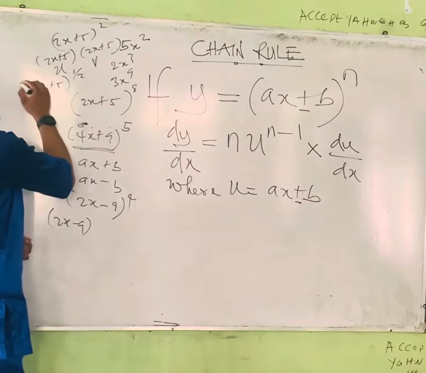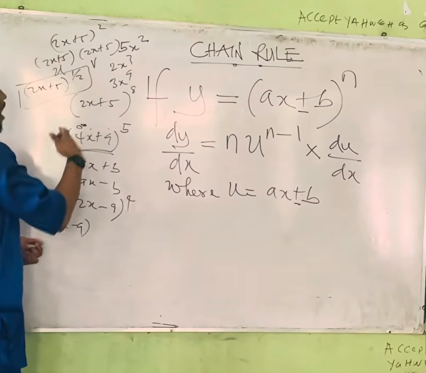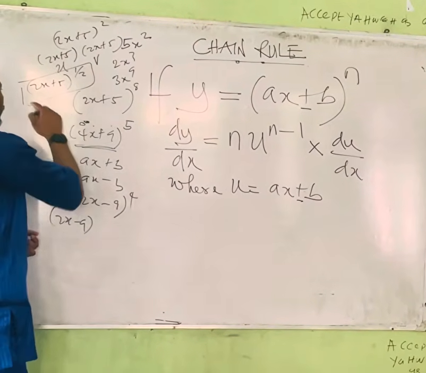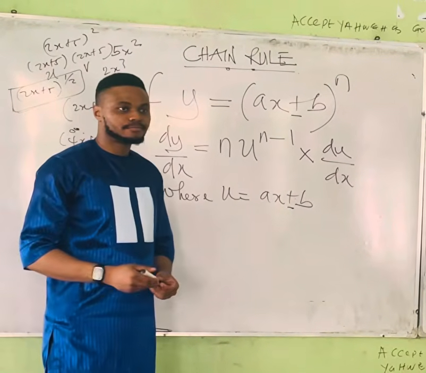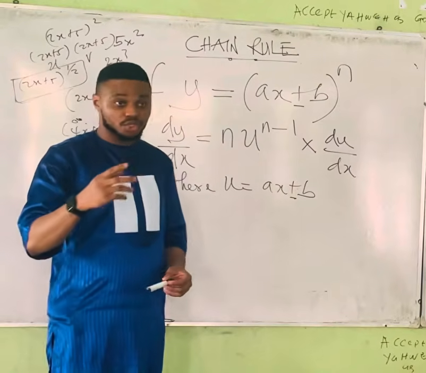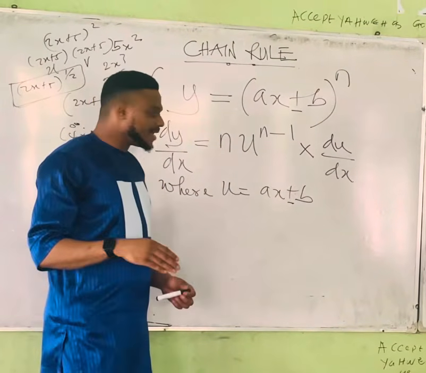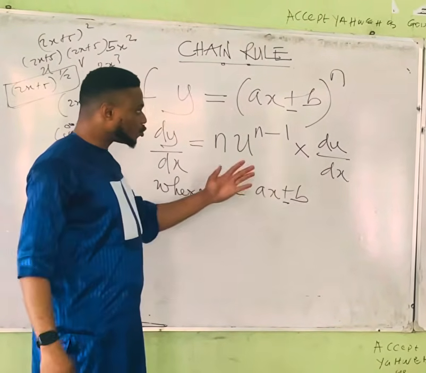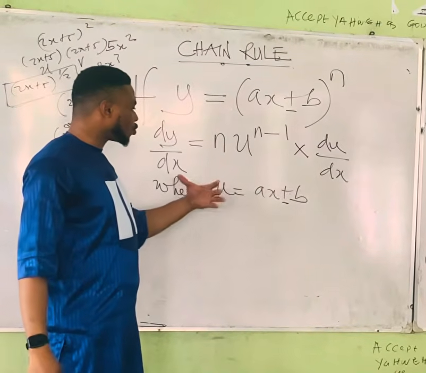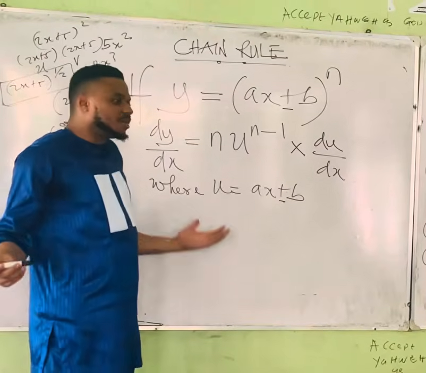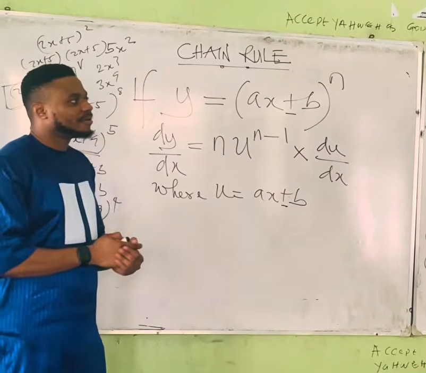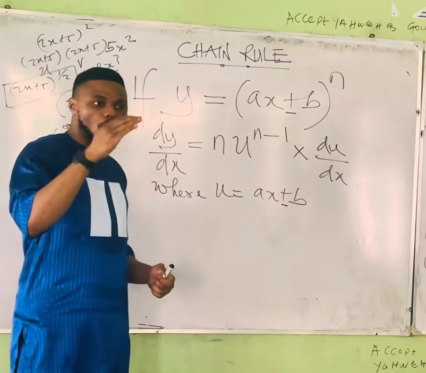Now, you can actually simplify this in an algebraic way, but if you want to use chain rule, it will be easier. And that's why I'm giving you the shortcut. I'm going to be applying it right now, and I want you to pay very close attention. Normally in chain rule, you have substitution, which is very long.